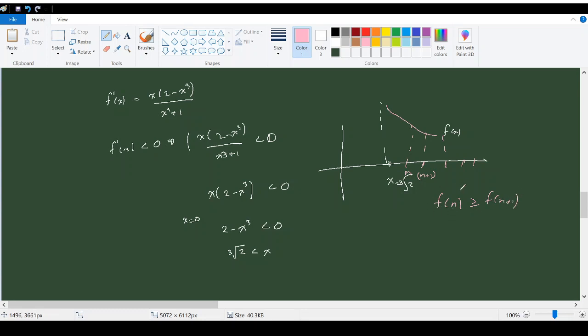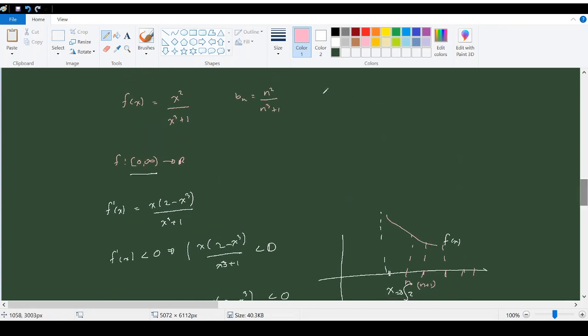So in other words, since the representation of f(x) and the representation of bn tally each other for all the numbers greater than this value, which is somewhere close to 1.26, it's a number greater than 1 and less than 2, right? Because if it is 2, then the cube will be greater than 2, right?